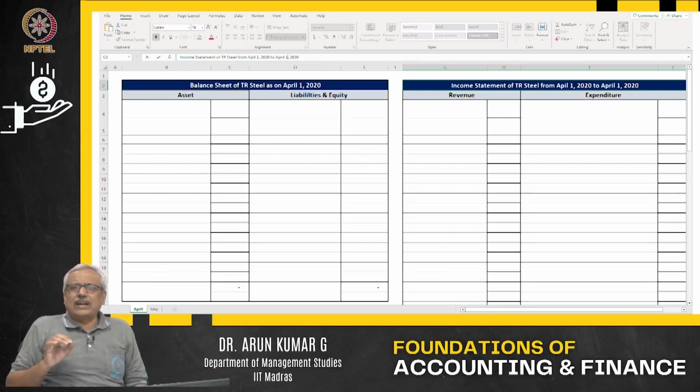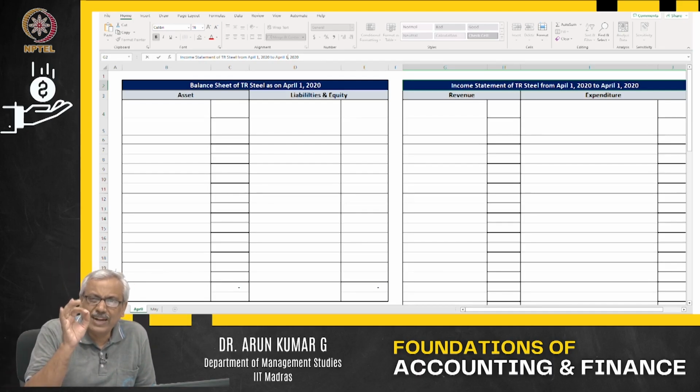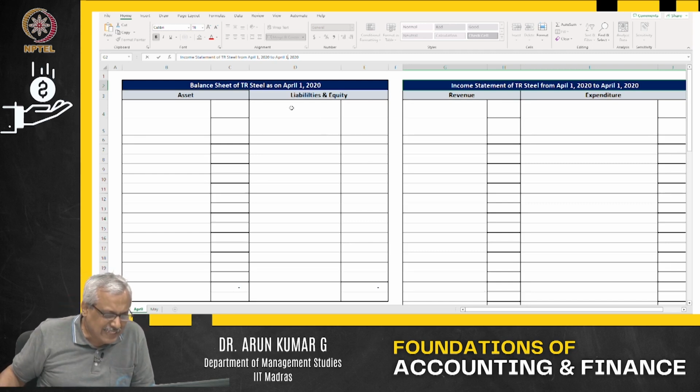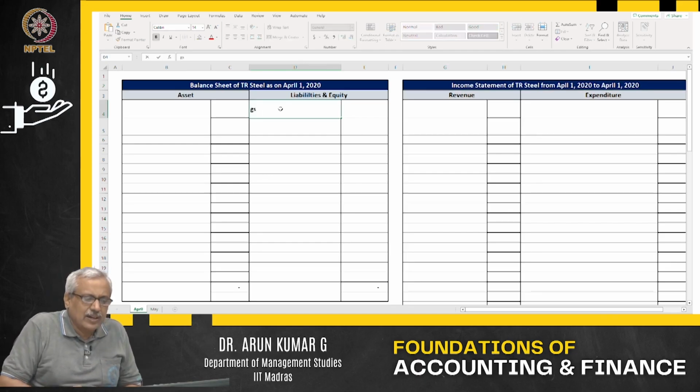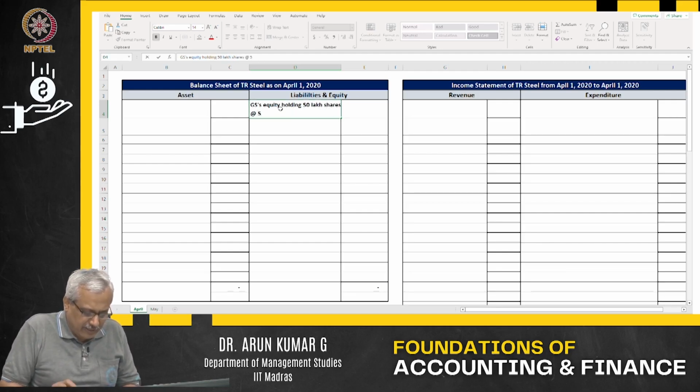The company was incorporated by what? GS holds, that is Glorified Steel holds 50 lakh shares of 5 rupees each. Now, what is happening? That is an equity. So, now that comes in here as GS's equity holding, 50 lakh shares at 5 rupees each.